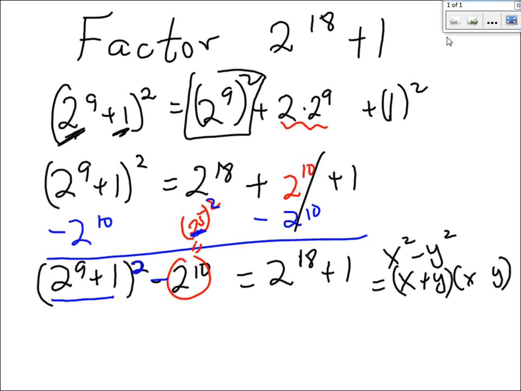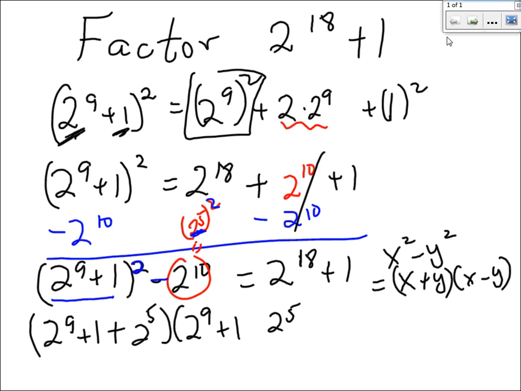One gets a plus, one gets a minus. So we have 2 to the 9th plus 1 and 2 to the 5th, which is what's being squared. One gets a plus, one gets a minus. And this still equals what we want to factor. Well, at least now we have two factors.